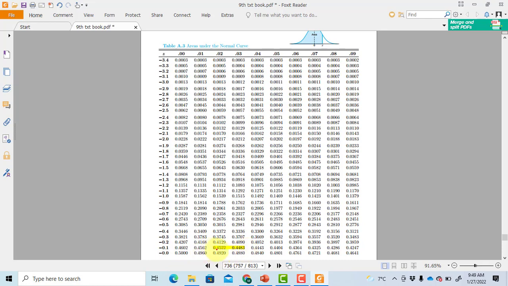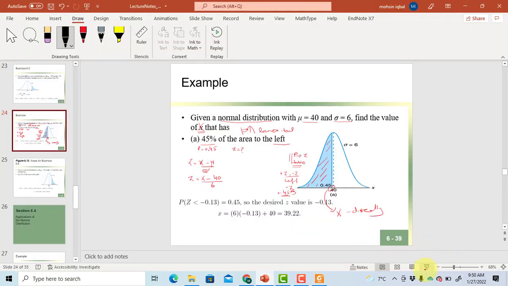If we look at minus 1.2, the value is 0.0022 units greater than 0.45, whereas if we look at minus 1.3, the value is 0.0017 units less than 0.45. Because this value is quite near to 0.45, we will use minus 0.13 in our calculations. I am going back to the presentation.